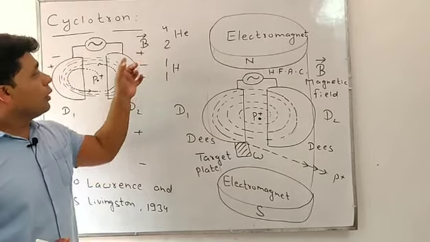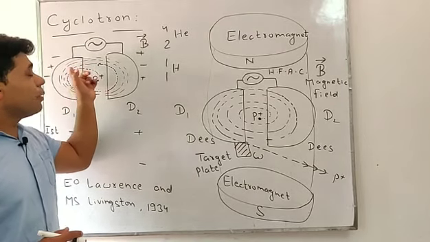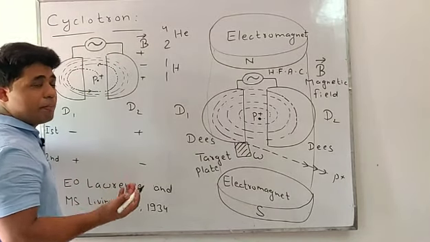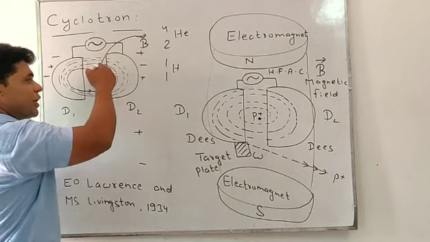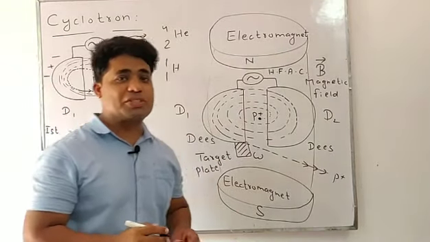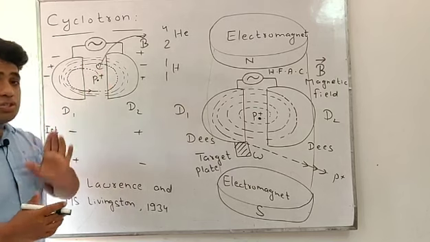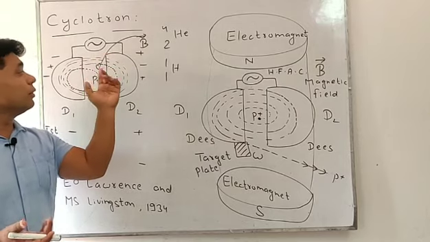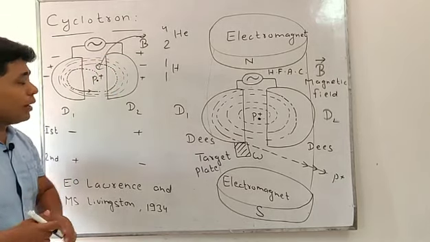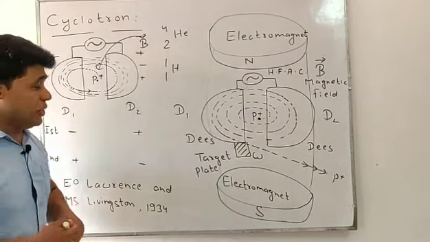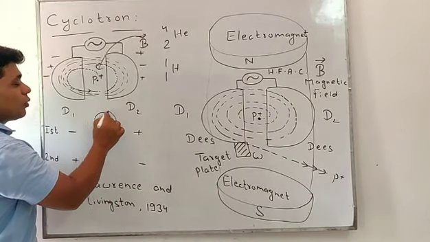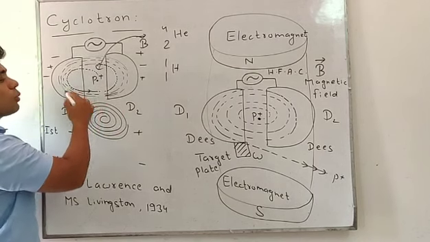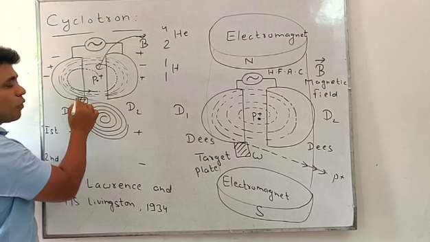We know when the charged particle revolves in the magnetic field between the Ds, in a fixed interval of time the magnetic field gives its energy to the charged particle. While revolving it gains energy from the magnetic field, and after getting energy its radius of circular path increases, and finally it comes outside by the collision with the tungsten plate.